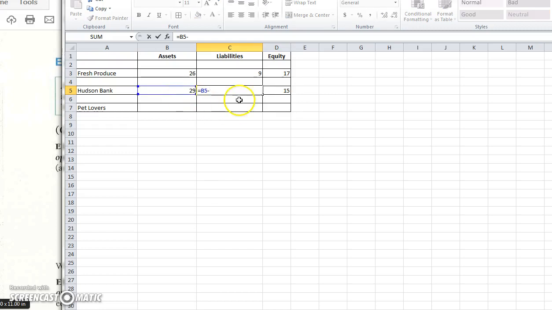Assets equals liabilities plus equity, so 14. And the last one is Pet Lovers. For Pet Lovers we're given 21 in assets, 10 in liabilities, and equity we have to figure out. So let's put in the formula, and there we are.